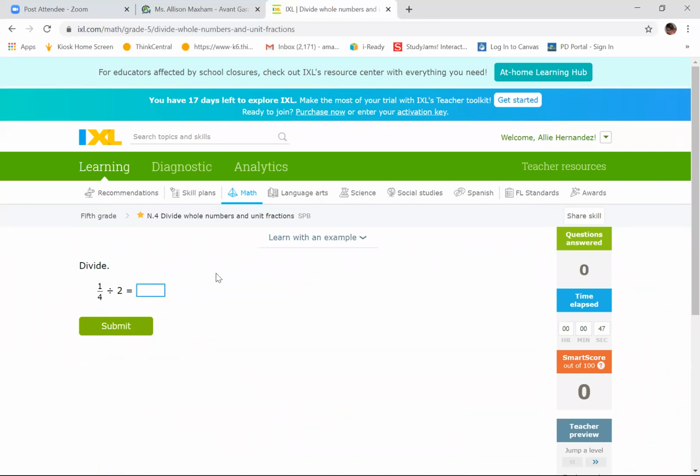So now here, think about this. If I have 1/4 of a candy bar, and there's only 1/4 left, and I divide it among 2 people, that means each person is going to get 1/8. Now, how do I type 1/8 here? Just like we were doing when we were bubbling in our test sheets, right?